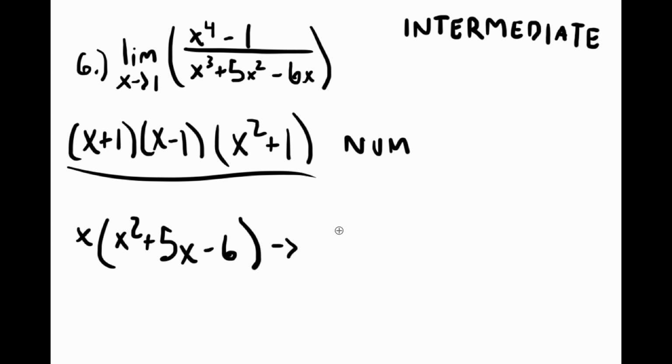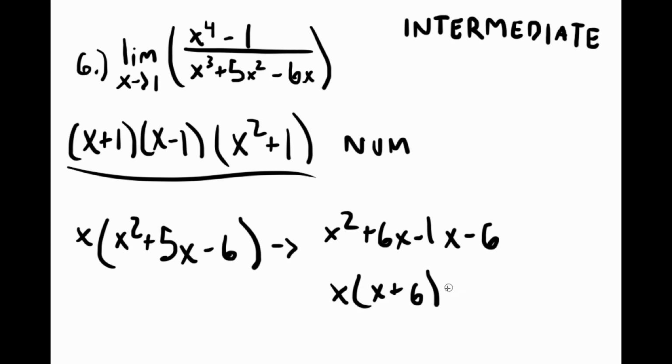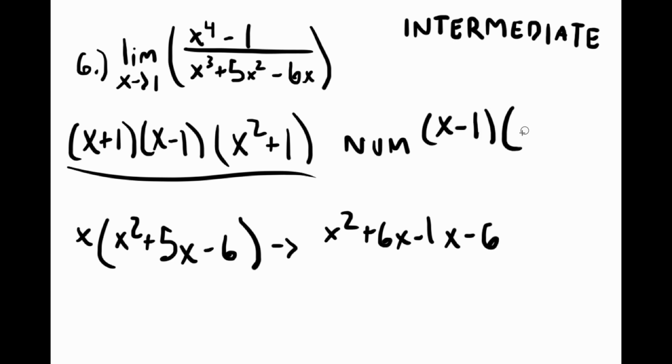So this is going to be x squared plus 6x minus 1x minus 6, which is going to be equal to x minus 1, x plus 6, and an x as well, because we can't forget about that one we had at the end.